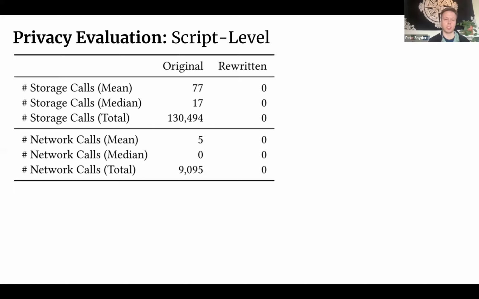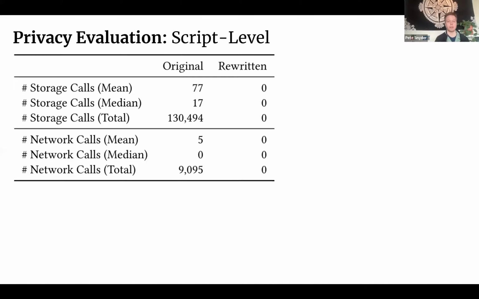We measure how many storage calls and network calls happen in their unmodified versions, which is the central column, and then we measure whether those things are still happening in the rewritten versions. This is a very simple evaluation of whether we're effectively preventing all the API calls in the script that we mean to, and we find that we are. The system works as expected.